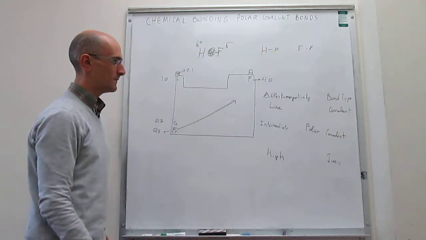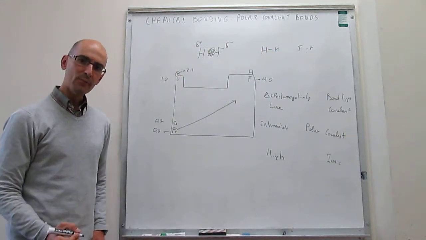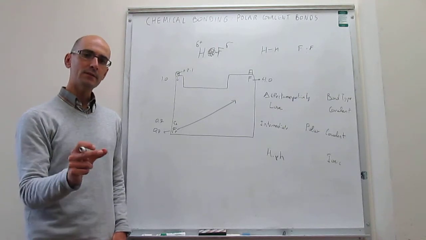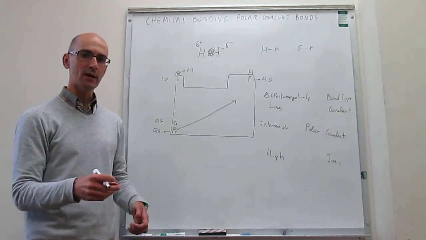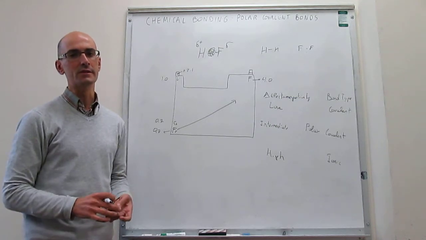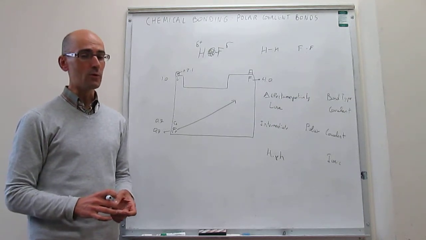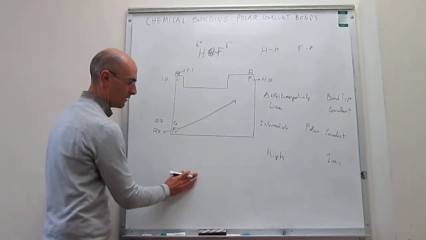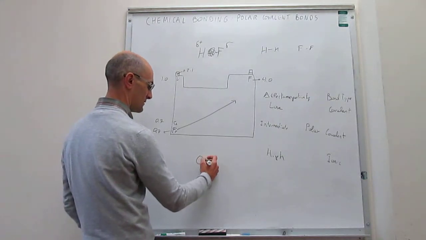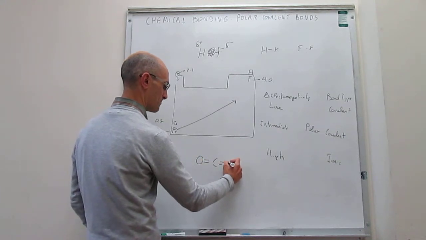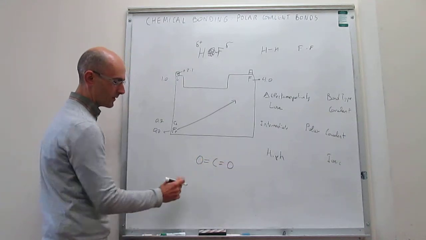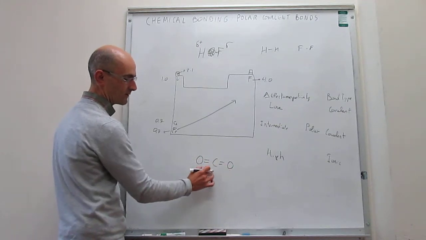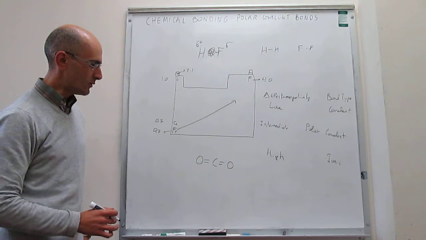Polar covalent bond. We're going to close this section on polar covalent bonds by saying that even if a bond is polar covalent and you have a tiny little separation of charges, the molecule might not be fully polar. For example, let's look at the case of CO2, which is this molecule. It's a linear molecule that has a double bond between carbon and oxygen, and we will explain exactly the origin of this double bond a little bit later on.